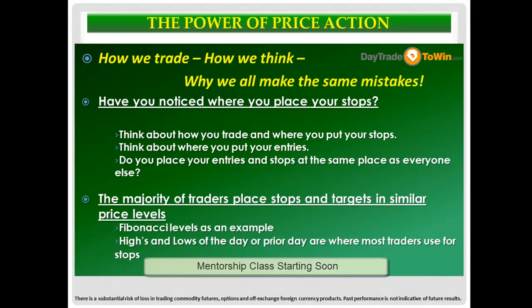You're placing your stops at even numbers because it sounds right, or you may believe it's right. And so we're looking at not doing what everyone else does and doing something a little bit different than even numbers, than highs and lows of the day or prior day or even Fibonacci's. We're not going to look at that because that does not help us.